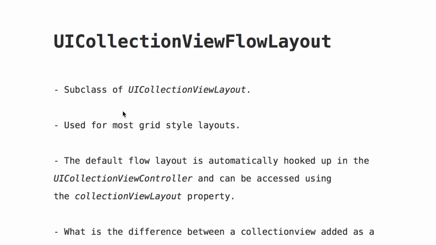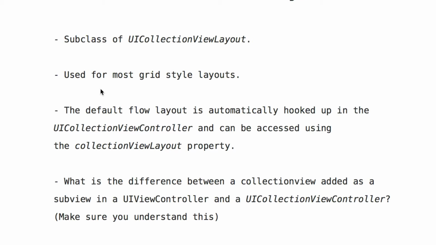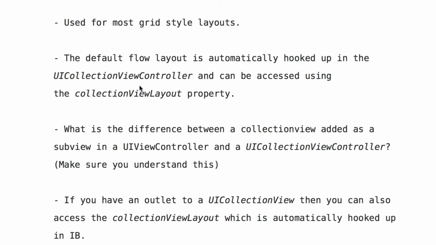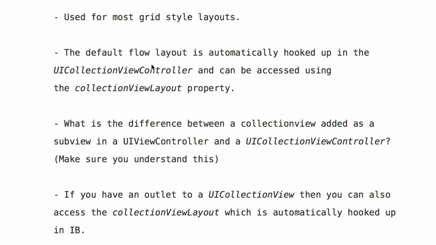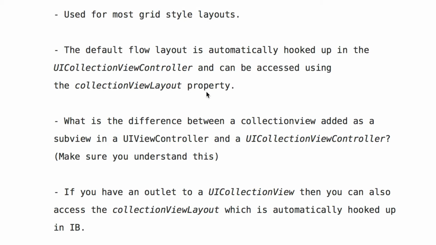Okay, UICollectionViewFlowLayout. This subclasses UICollectionViewLayout, and it's used for grid style layouts, as I said. The default flow layout is automatically hooked up in the collection view controller and can be accessed using the collectionViewLayout property.